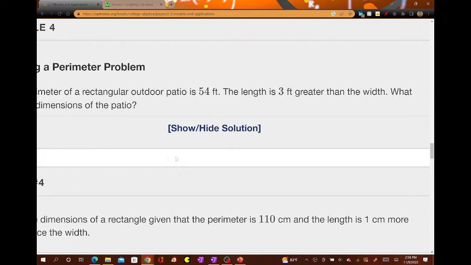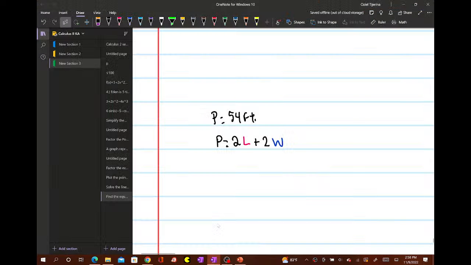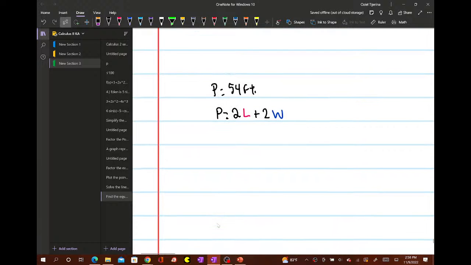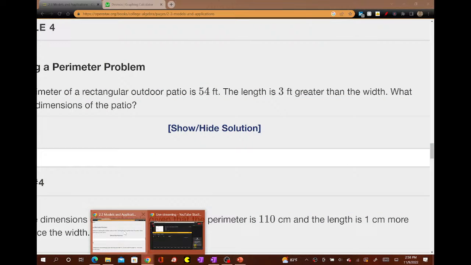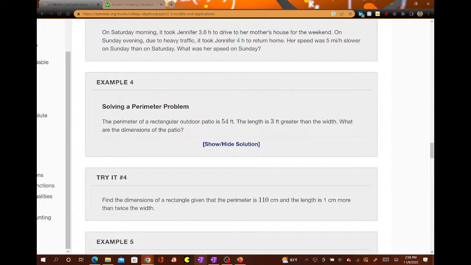And then it says the length is 3 feet greater than the width. So the length is the width plus 3, right? And then it says, what are the dimensions of the patio?